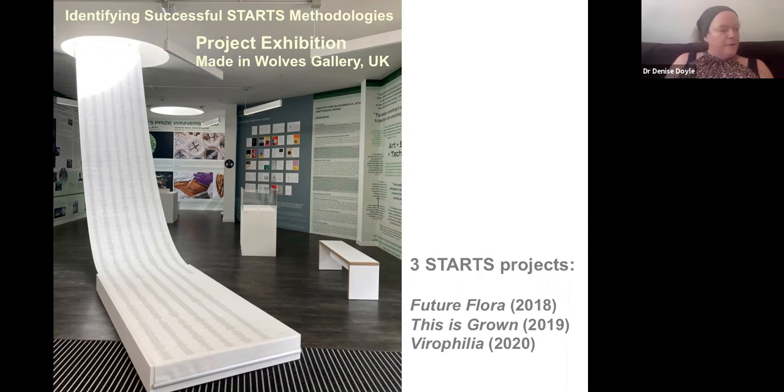Her project Virophilia investigates the possibilities of human virus encounters. One part of the installation is a 7-meter high scroll that lists all known viruses in the world. And there's a space on the right-hand side that's blank for the inevitable other viruses that will be discovered in the future.